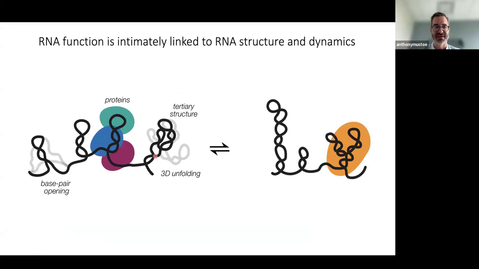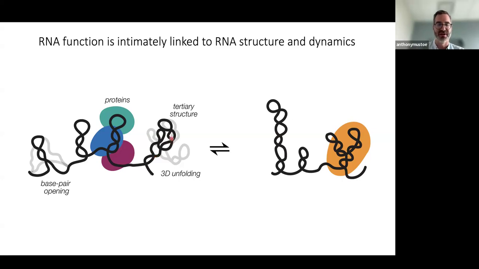We're interested, as everyone hopefully on this webinar is, in RNA structure, how RNAs fold, because that's really intimately linked to how they function. And it's not just how RNAs fold, but also their dynamics that can be important.